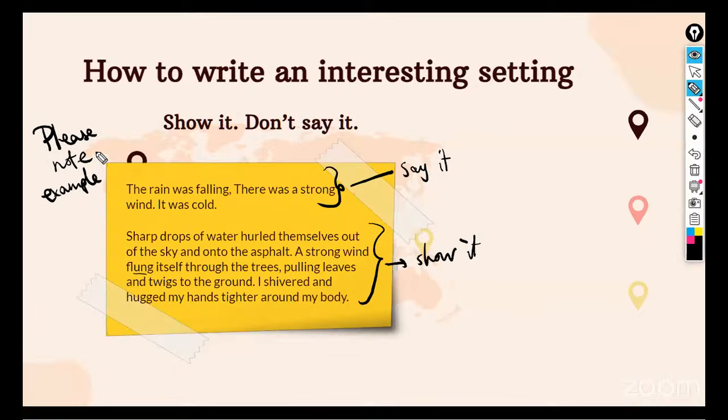And we want to remember that the one on top is the boring one. The one that's very straightforward and direct. The one below gives us some more interesting things to think about. Because what kind of rainfall was it? If it's sharp drops of water. Anybody ever get caught in rain like that? Where the rain felt like it was stinging?